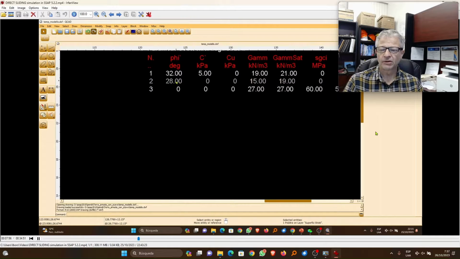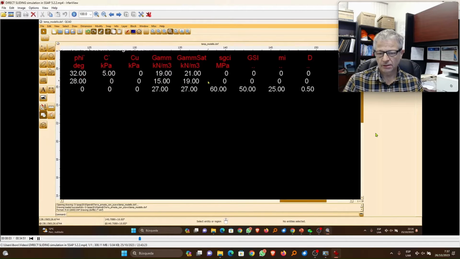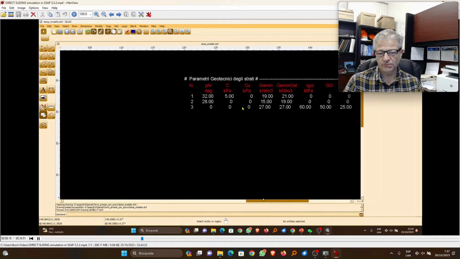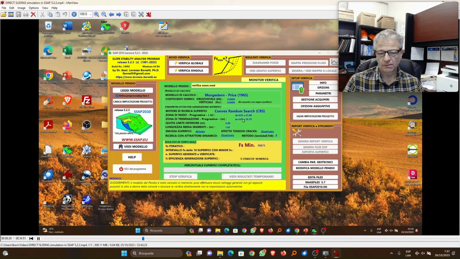For example, we have a very weak material without cohesion, with a friction angle of 28 for the colluvium material here, and 32 with 5 of cohesion for the glacial till, and a substratum made of rocks that is modelled with the GSI criteria.